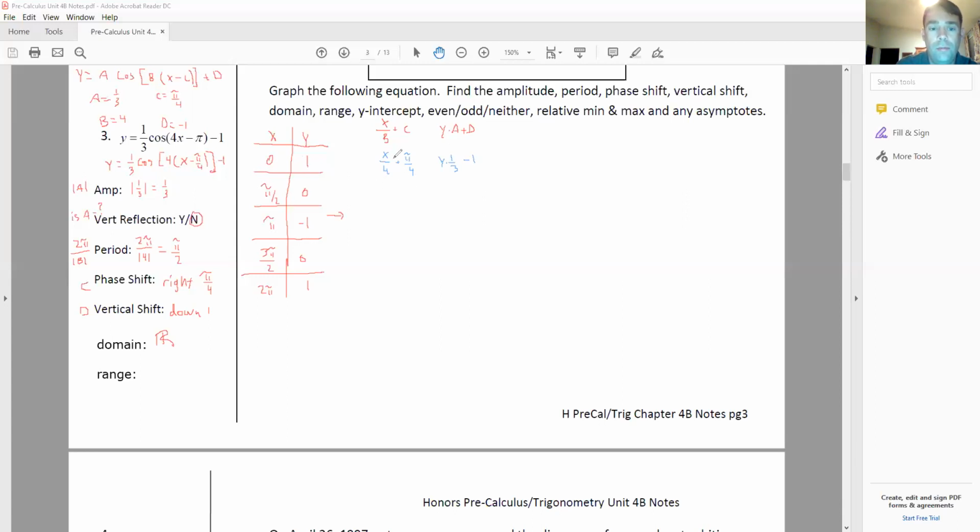So 0 divided by 4 is 0 plus pi over 4. Pi over 2 divided by 4 is pi over 8. So pi over 4 is the same thing here as 2 pi over 8. I'm going to remember that because it looks like I'm going to be adding by some pi over 8s here. So pi over 8 plus 2 pi over 8 would be 3 pi over 8.